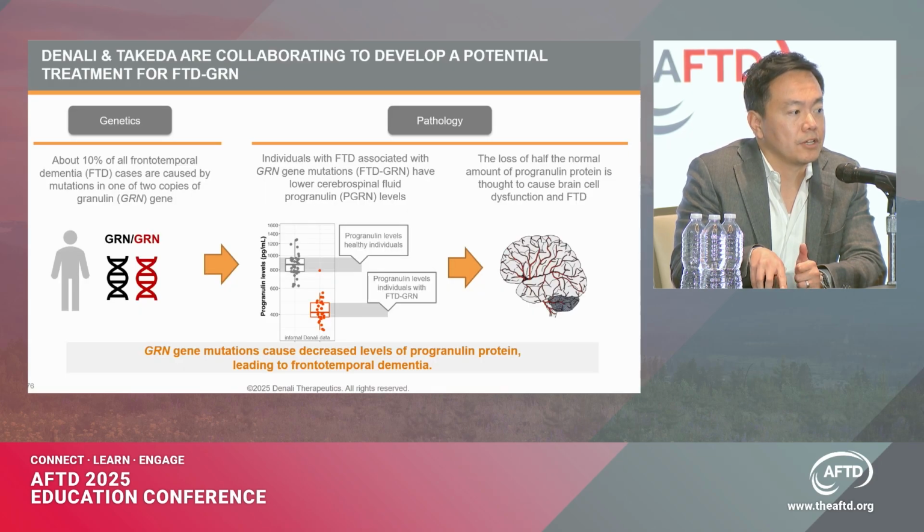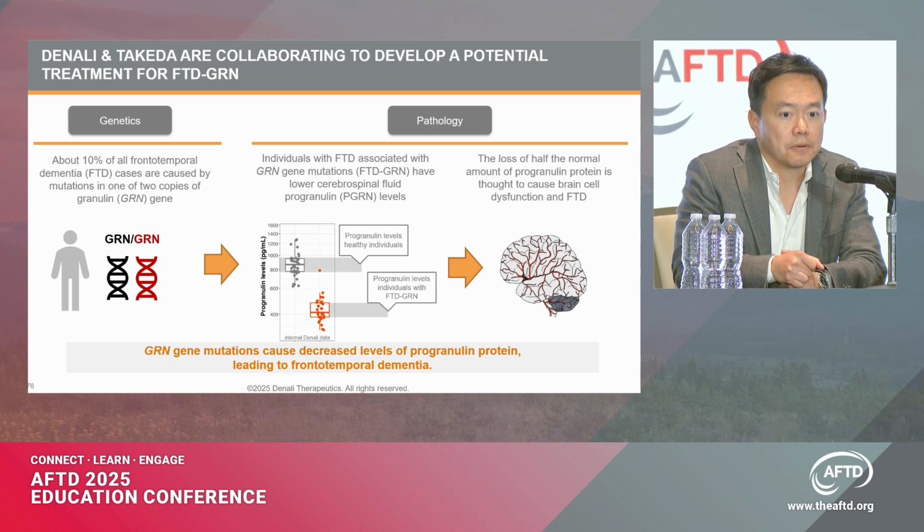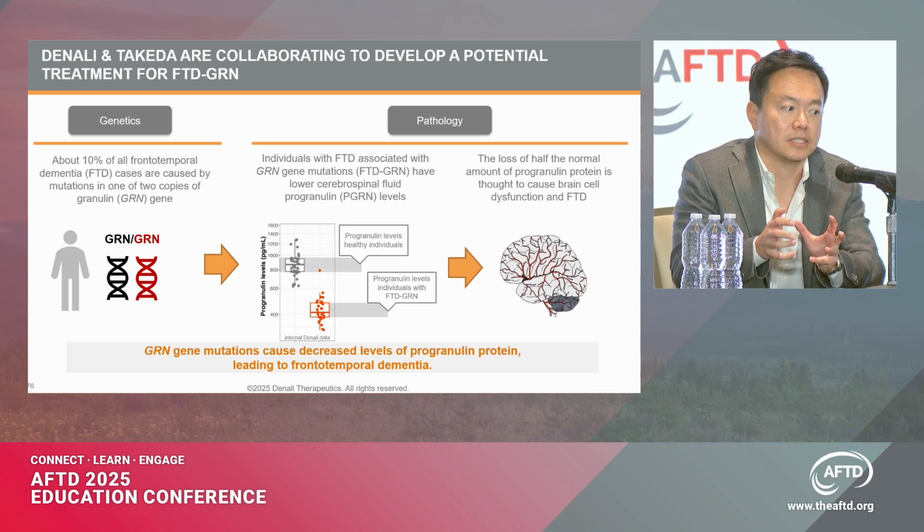So specifically for FTD, Denali and Takeda are collaborating on a way to develop a potential treatment for FTD caused by the granulin gene mutation. As described earlier, about 10% of all FTD cases are caused by mutations in one of the two copies of the granulin gene. Because of this mutation, a person affected is producing less progranulin protein than normal.